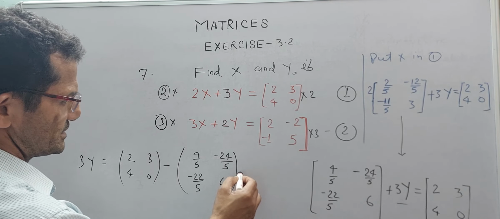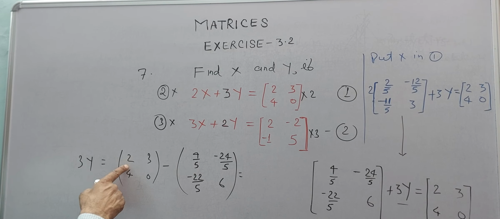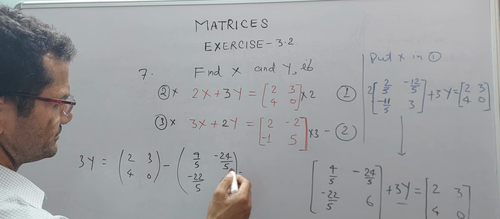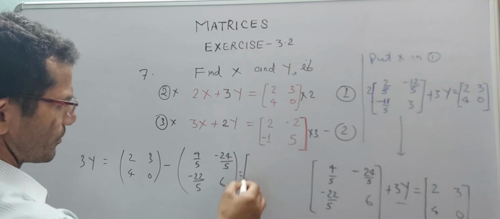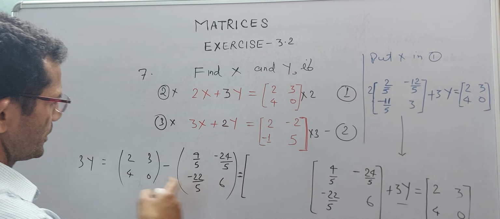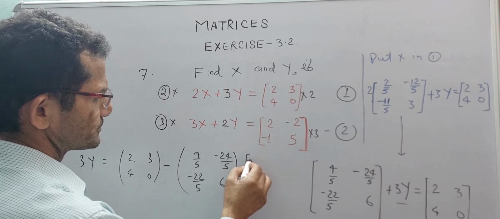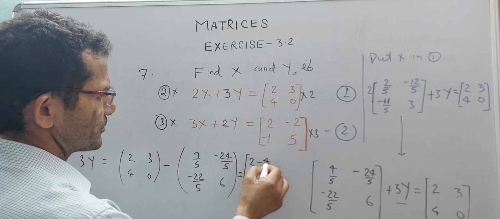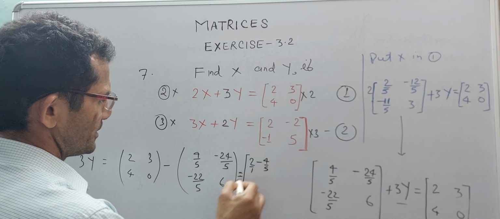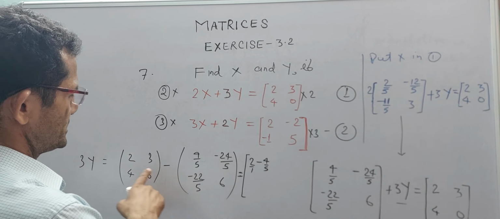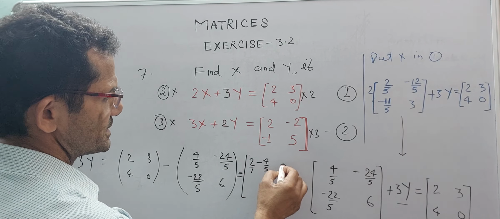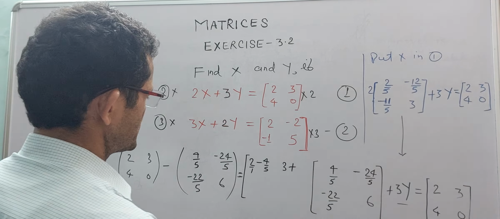If I subtract: 2 minus 4 by 5 here, and 3 minus minus 24 by 5, minus minus becomes plus, so 3 plus 24 by 5.